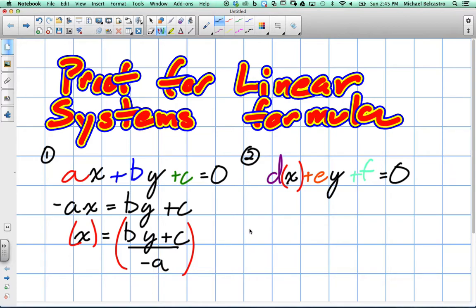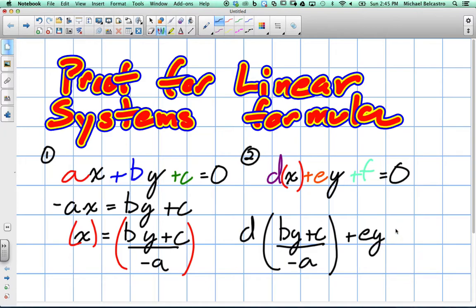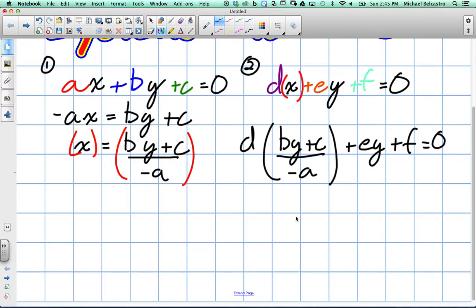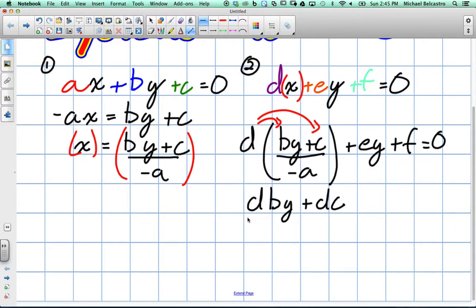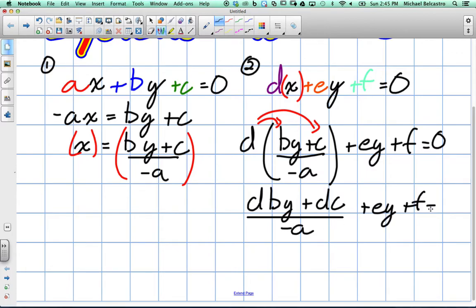So this now says, our equation 2, d times by plus c divided by negative a, plus ey plus f is equal to 0. Okay, and I'm going to work through here. We're going to distribute our d, and this becomes dby plus dc, everything divided by negative a, and then plus ey plus f is equal to 0.